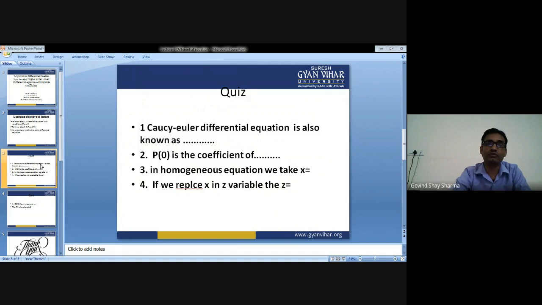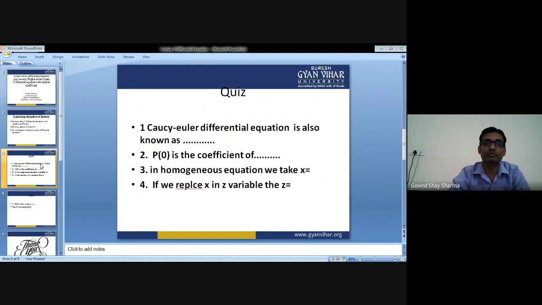P0 is the coefficient of a differential equation written in the form P0 d2y dx2 plus P1 dy upon dx plus Qy is equal to R. So P0 is the coefficient of d2y dx2.